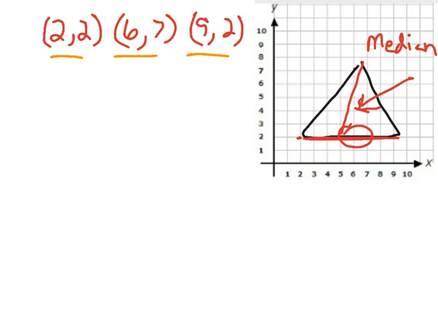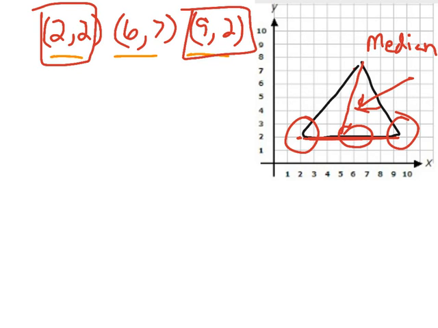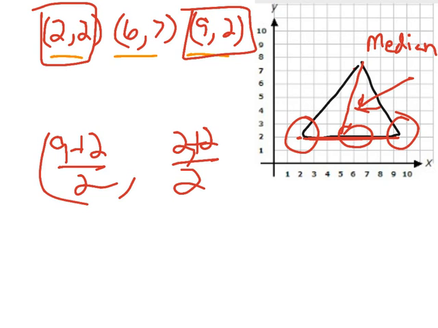So in order to find where that median would intersect the opposite side, I'm going to take the coordinates of this endpoint and this endpoint, which are (2, 2) and (9, 2). I'm going to apply the midpoint formula: add the x's together and divide by 2, add the y's together and divide by 2.